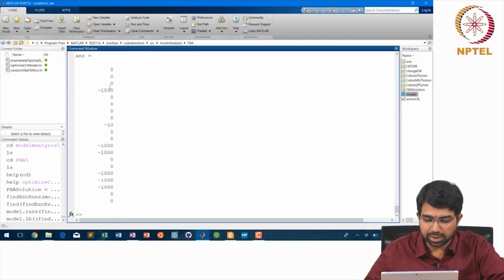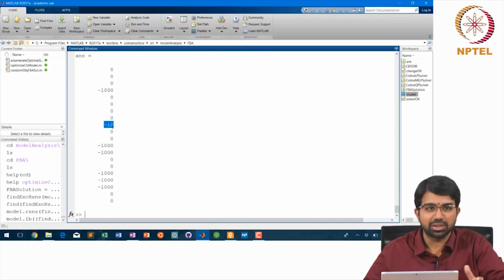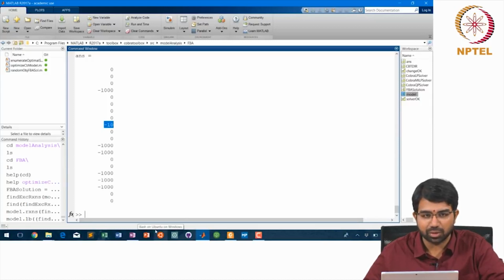If you see, most of these have a lower bound of 0, which means that they are only expected to be secreted out, whereas several others have a lower bound of -1000, which means they are just arbitrary exchange fluxes. The one with minus 10 seems to be the most interesting, right, because that sounds like a specific constraint that is given. Everything else is like default, 0 and minus 1000 are default values.